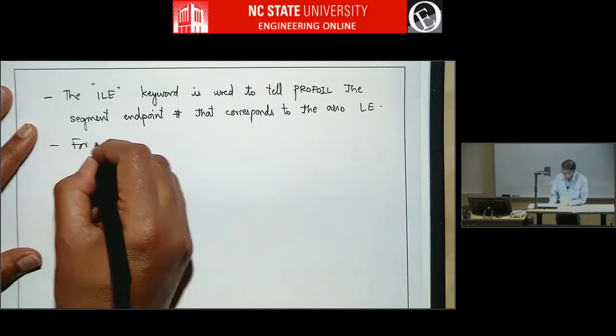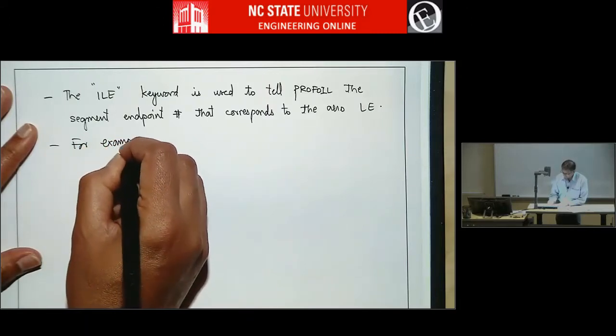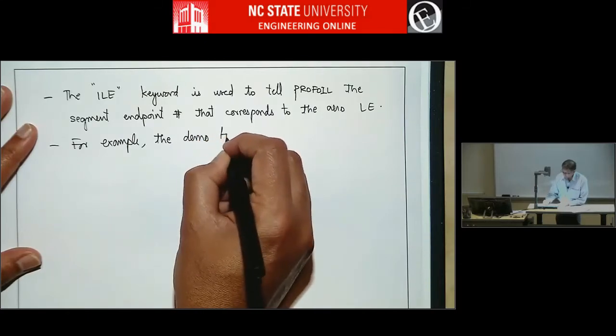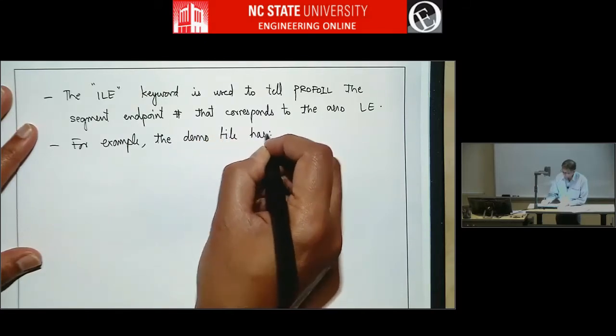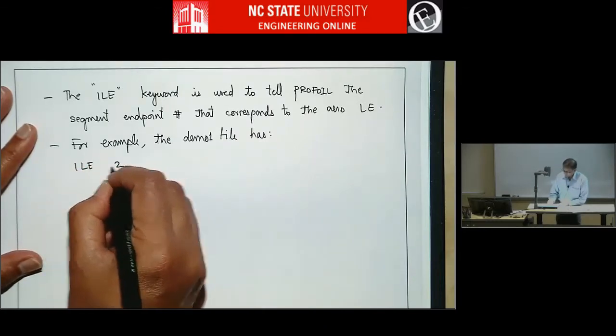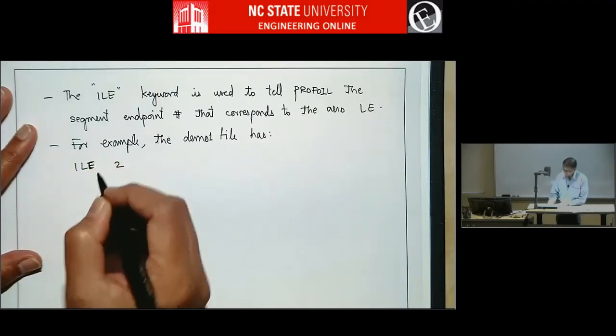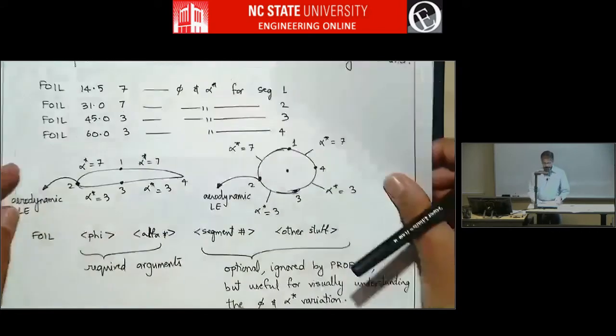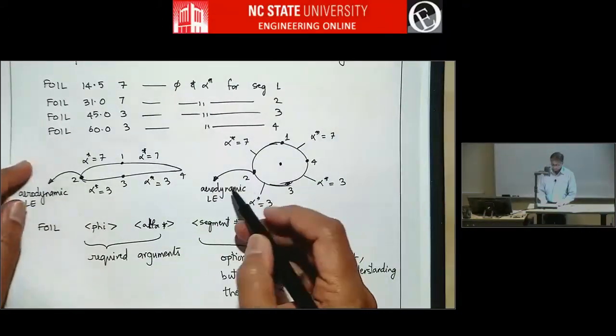So for example, the 4 segment demo file has ILE2, which is because we want the segment endpoint 2 to be the aerodynamic leading edge. So here 2 is the aerodynamic leading edge.